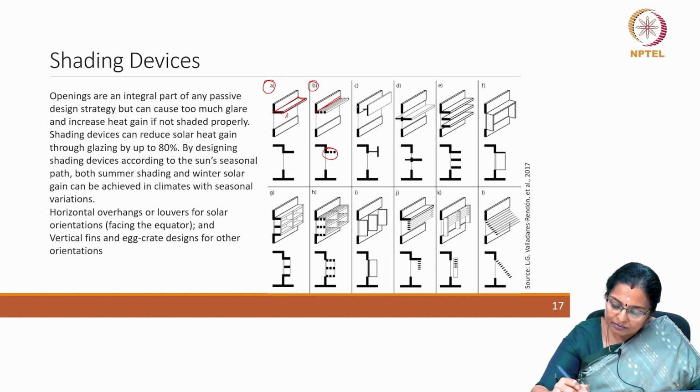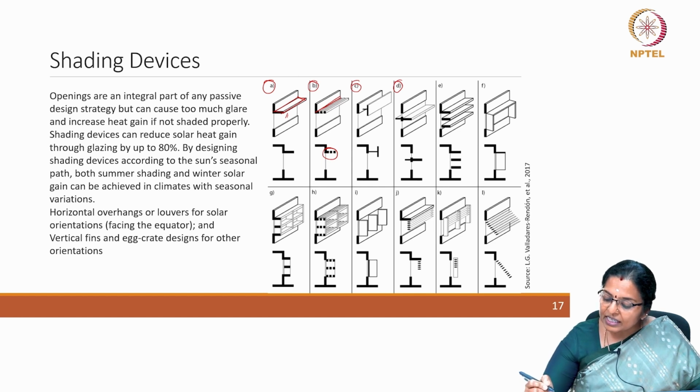Here C is a combination of horizontal and vertical shading device. D looks like a light shelf, again a horizontal shading device.